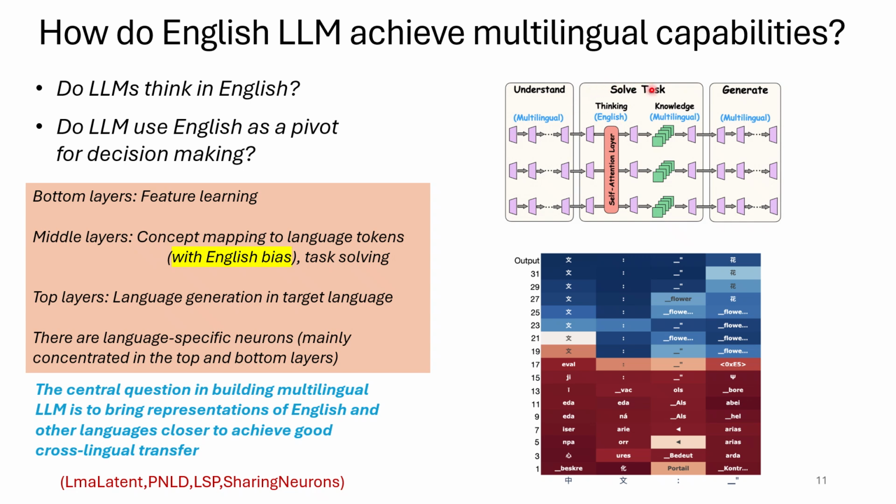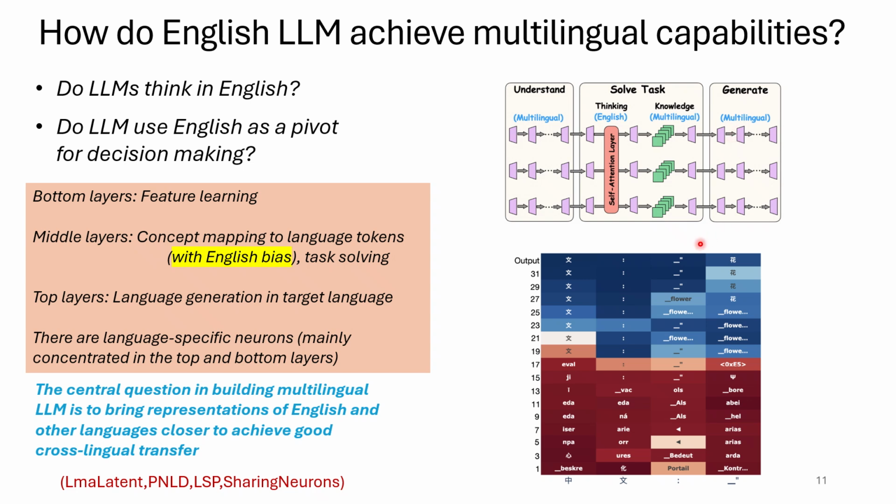The middle layers are generally the problem solving layers, and these tend to have a bias towards English representations. So the models are thinking in English, and specifically, it's said that the self-attention layers do the thinking, and they are biased towards English, whereas the feed-forward networks encapsulate the knowledge, and this could be from English or from other language sources as well.